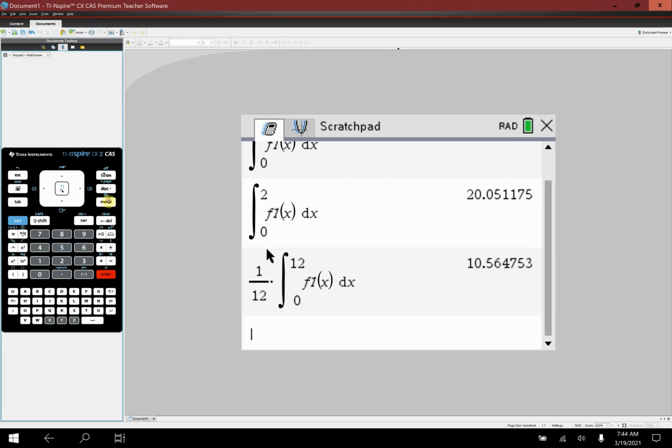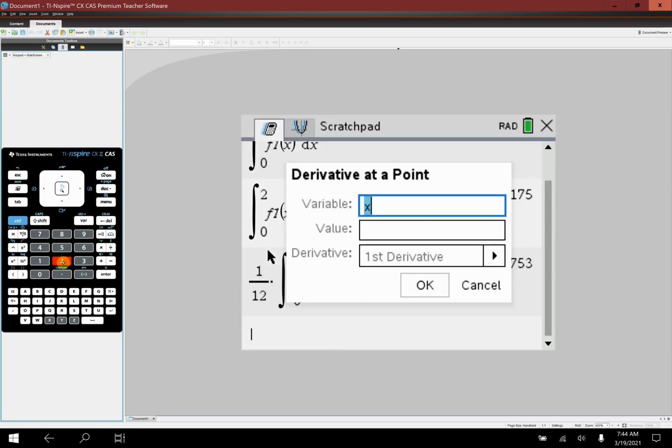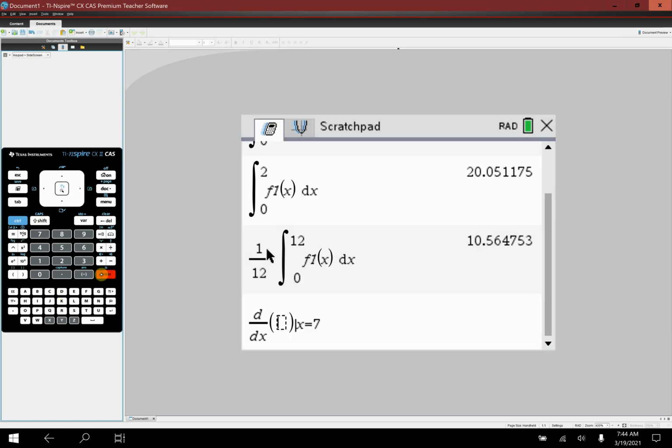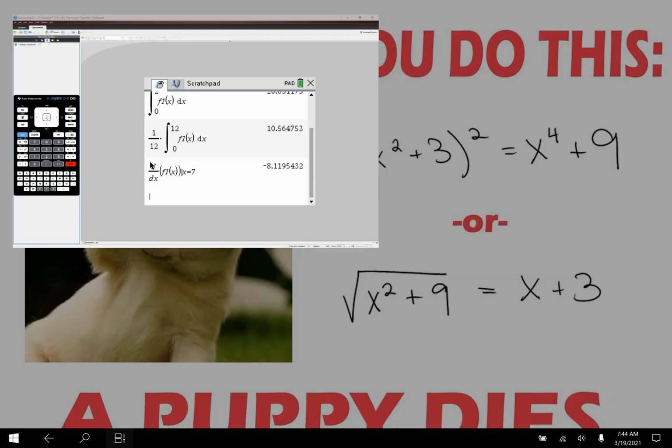So we have menu, calculus, derivative at a point, -2, yours is probably 1 if it's not a CAS calculator, variable x, value 7, enter, and we want to find the derivative of f1 of x. Don't forget the of x in here. If this isn't working for you, you can type out the entire function if you'd like, but this I think is much quicker. Enter. There we go. -8.119.